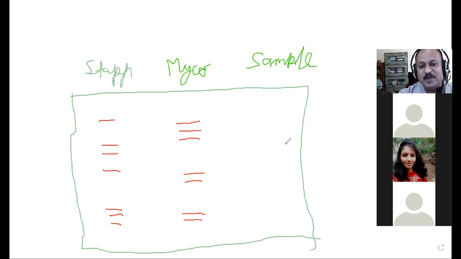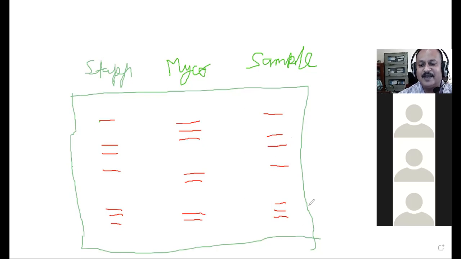Now I have the sample from which I am isolating the DNA. Now this DNA, if I give the same kind of restriction enzyme treatment, then I'm going to get some pattern. Now, for example, if I get a pattern like this, okay, then what are you going to call this? Can you compare this pattern with the standard DNAs?